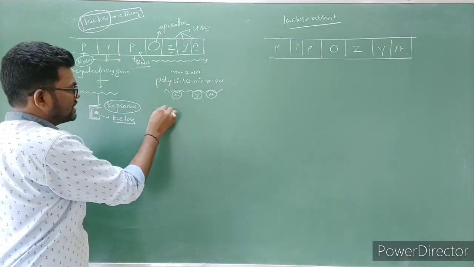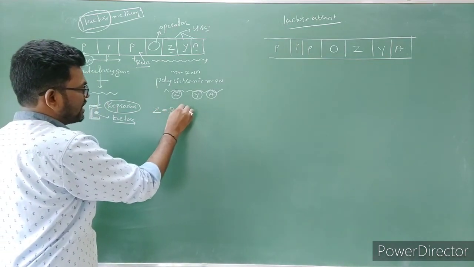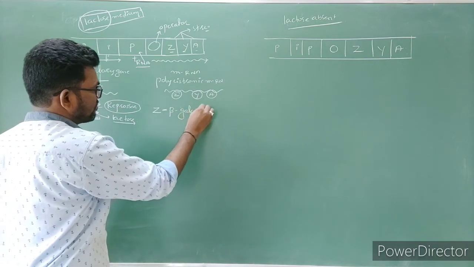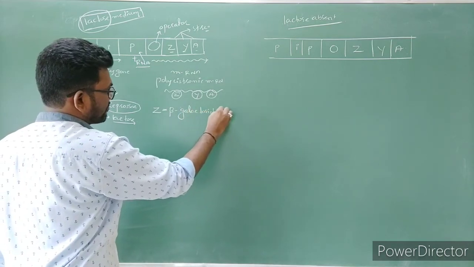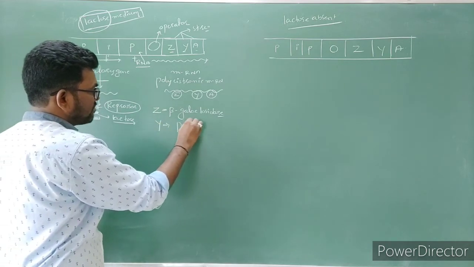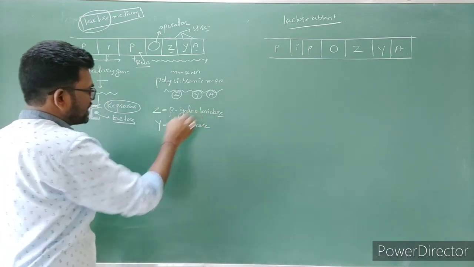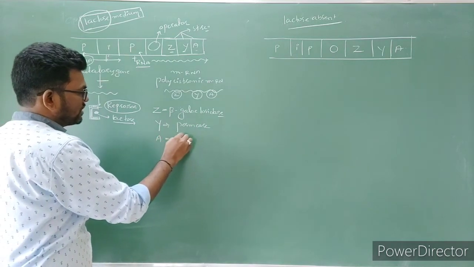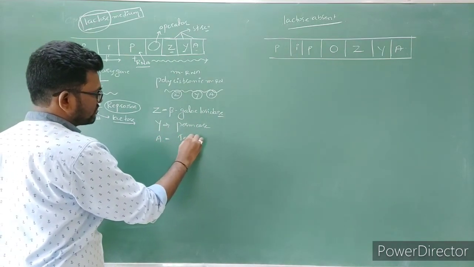First, the Z gene codes for the beta-galactosidase enzyme, the second, the Y gene, codes for the permease enzyme, and the third, A, codes for transacetylase.